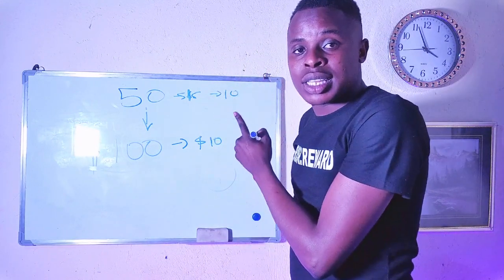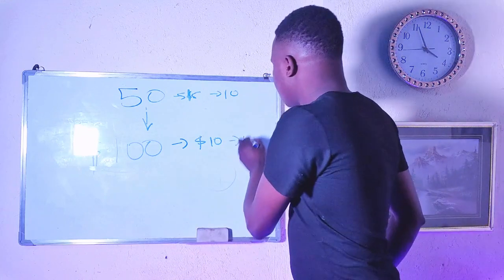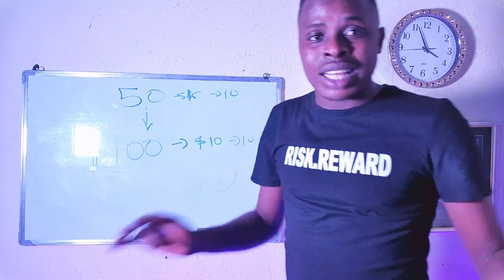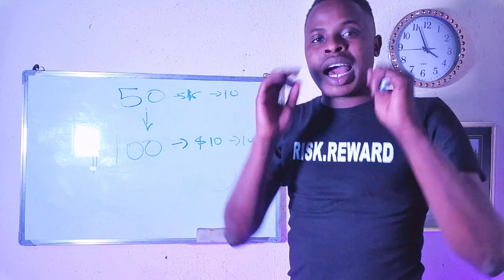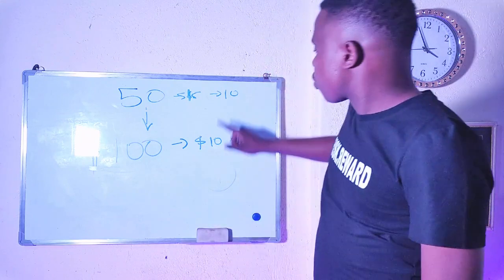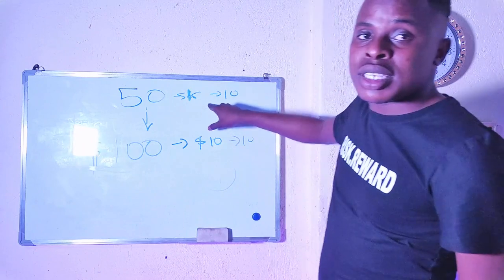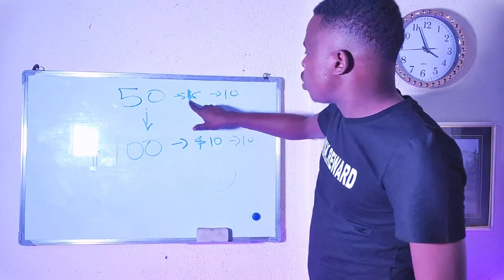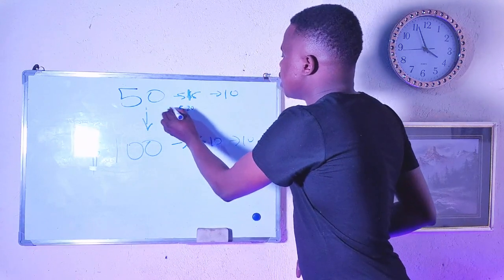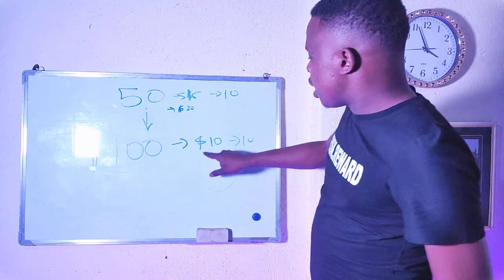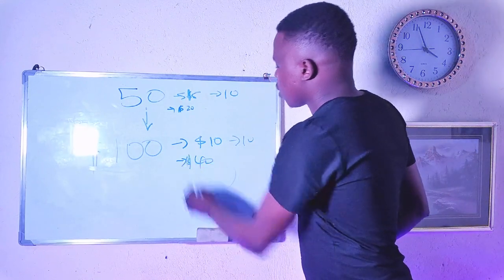And I know that here I had 10 chances. I had 10 chances there. And on the $100, I also have 10 chances. Nothing changes. If the strategy works, I'm going to make money. If the strategy loses, I'm going to lose money. But anyway, I'm doing the same risk. And the good thing about this is, if I was risking $5 here to make 20 per trade, here that means I'm now trying to make 40.